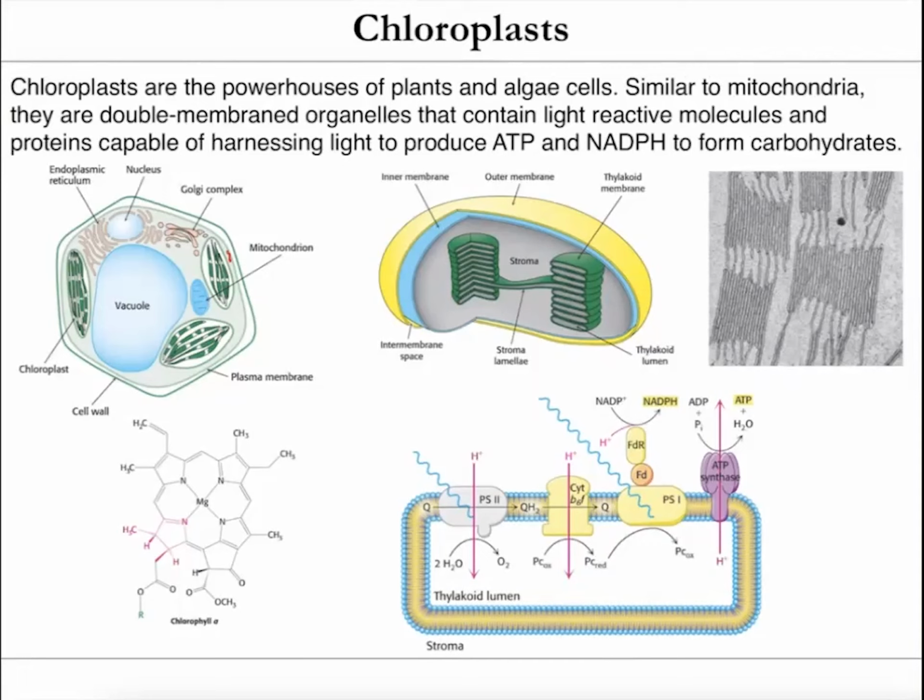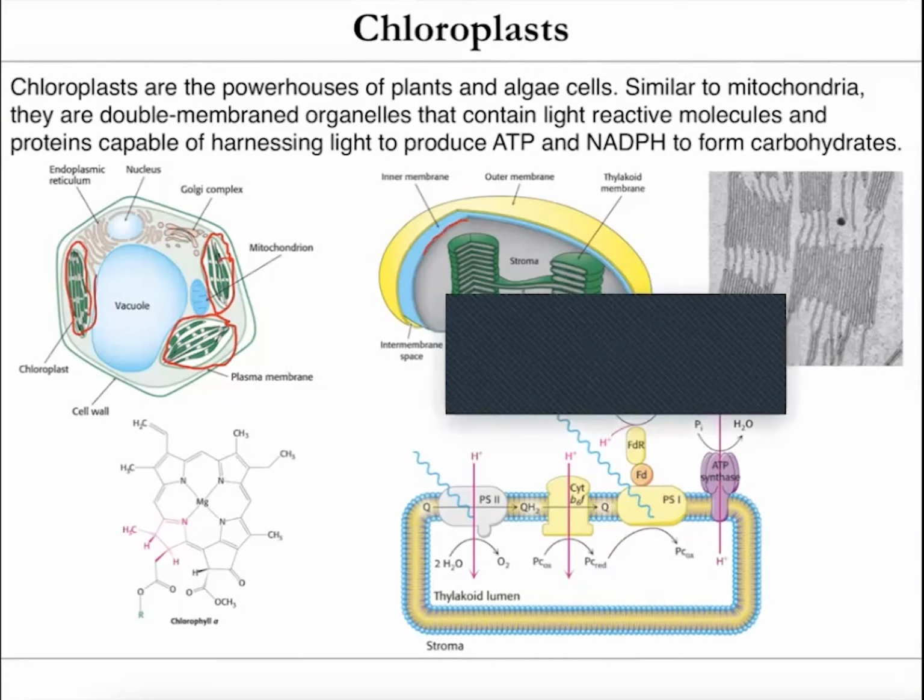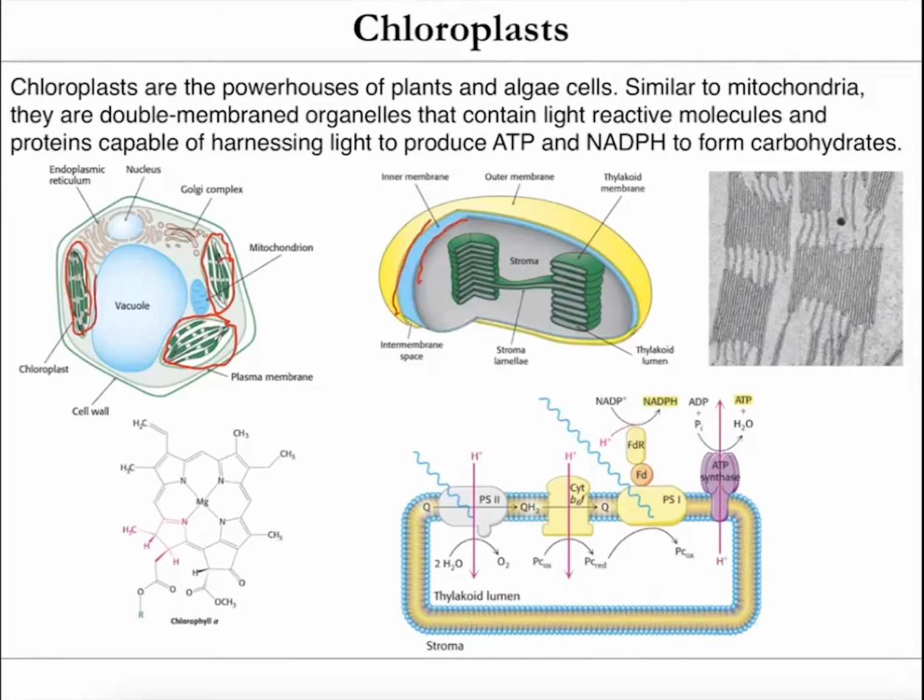So here's a plant cell here, and you can see they'll contain several of these chloroplasts. They're similar to mitochondria in that they also have an inner and an outer membrane. And they contain these thylakoid membranes and these different structures that, to make a long story short, are where the light reactive molecules and reactions are going to take place.